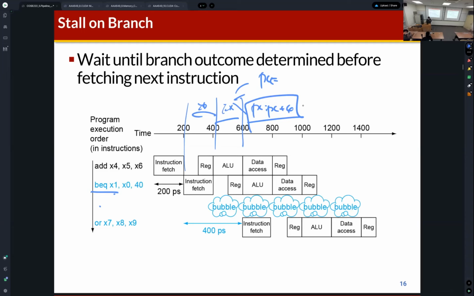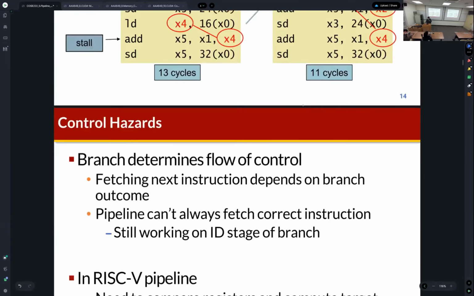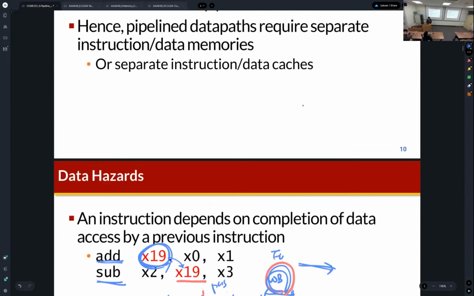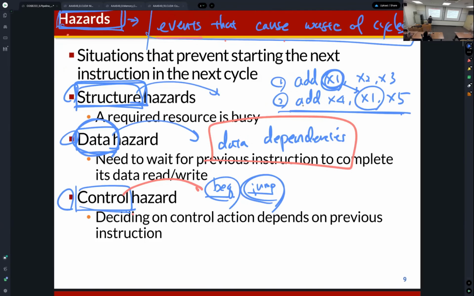So we need to wait until the result of a branch instruction is resolved. Which means clock cycles are wasted. And this kind of hazard is called the control hazard. So control hazard means the waste of clock cycles because of control instructions like branch or jump instructions.